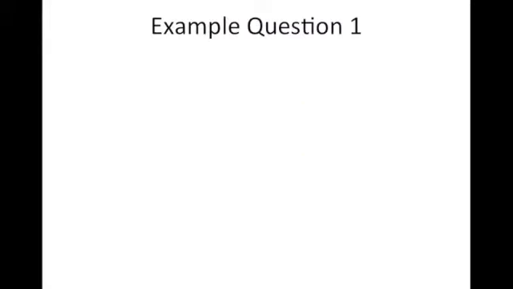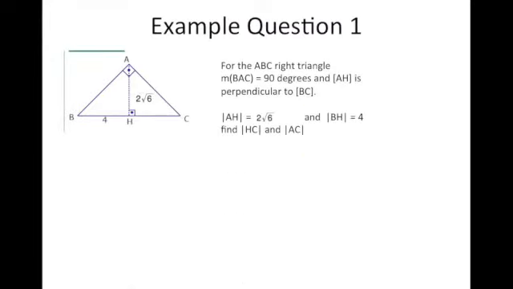Example question 1. For the ABC right triangle, angle BAC is equal to 90 degrees and AH is perpendicular to BC. If AH is 2 root 6 and BH is 4, find HC and AC.